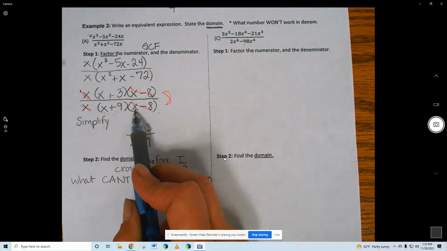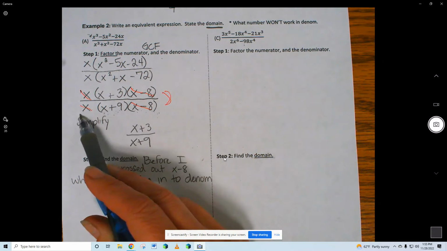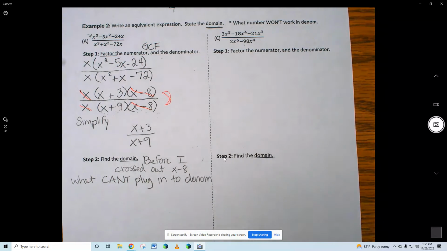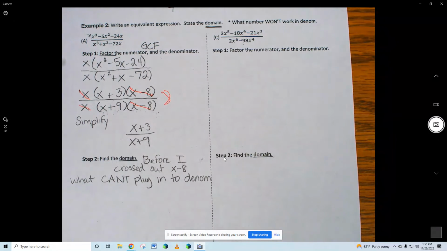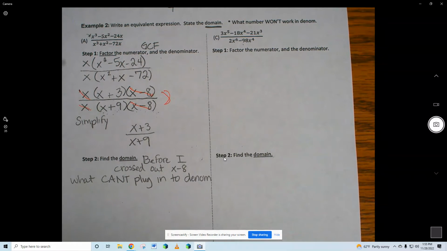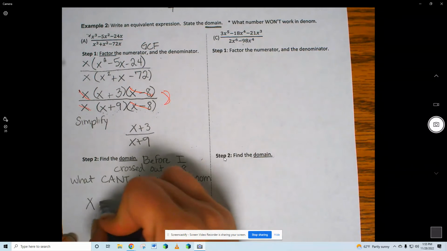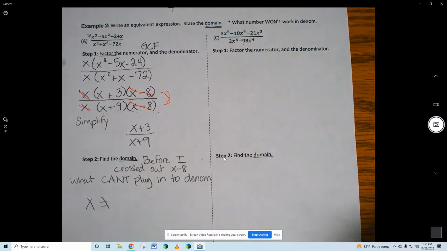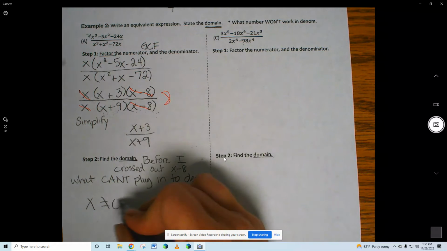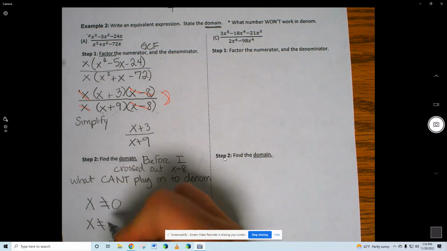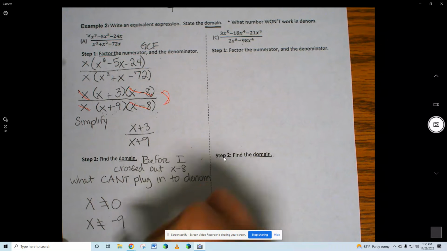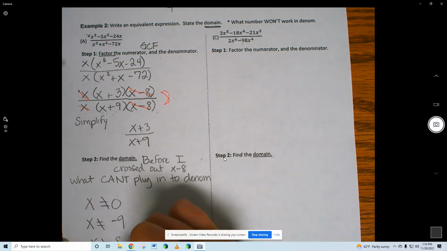How about if I put a positive 8 right here, 8 minus 8? That'd be 0, and then I'm multiplying 0 by all these. I don't want my denominator to be 0. So you don't want your denominator to be 0. What numbers can't go in? X cannot be 0. X cannot be negative 9. And x cannot be positive 8.